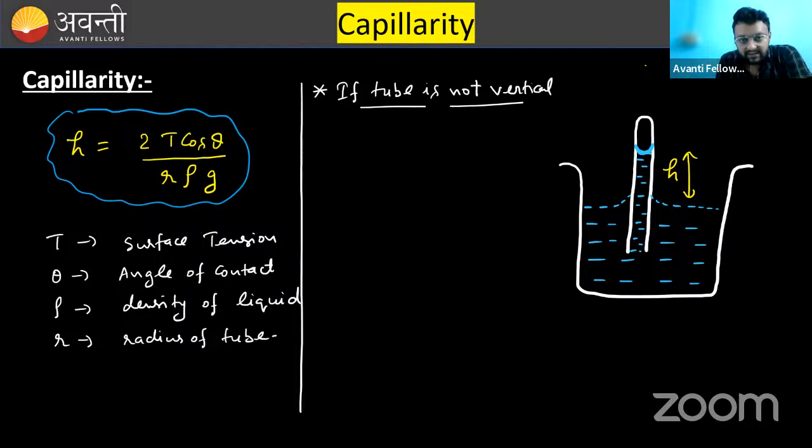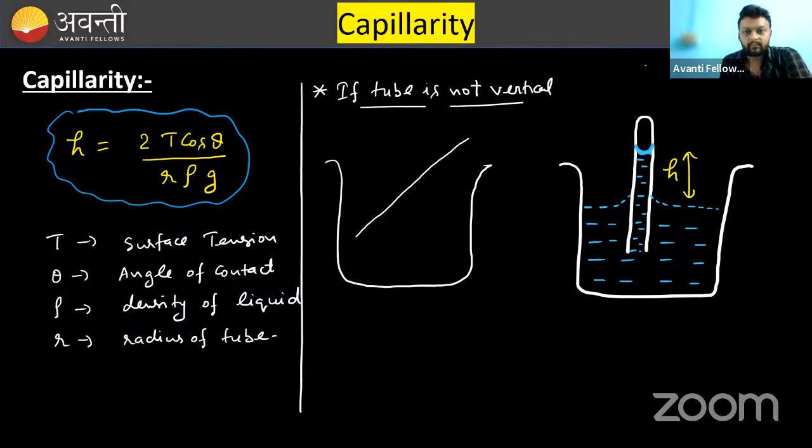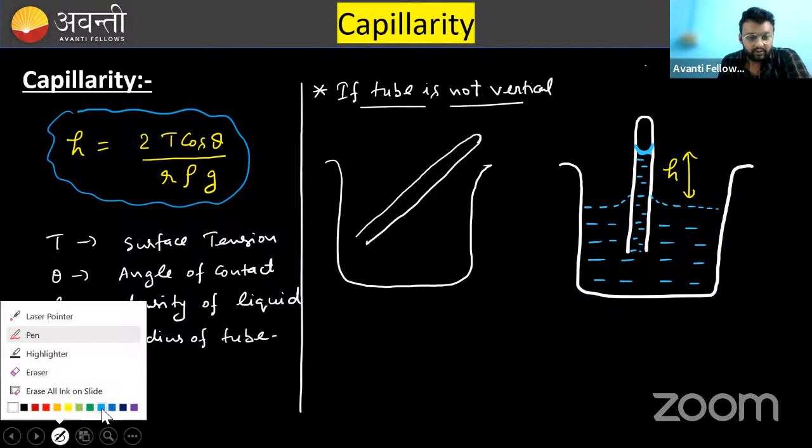Then the situation may look something like that. This is the capillarity tube, and this is not vertical, and some liquid is filled in it.